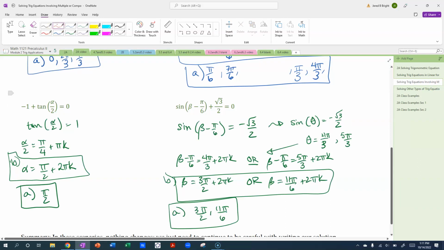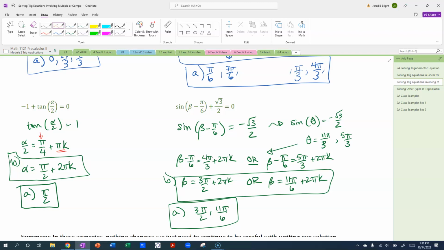Okay, first thing, move the 1 over, and then tangent of alpha over 2 is equal to 1 precisely when, so tangent is 1 at the angle pi over 4. So I just set the angle alpha over 2 equal to pi over 4 plus pi k. You would actually also find that tangent is equal to 1 at 5 pi over 4, but the pi k that you're adding on includes it.